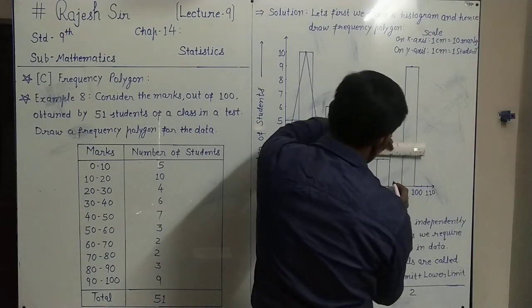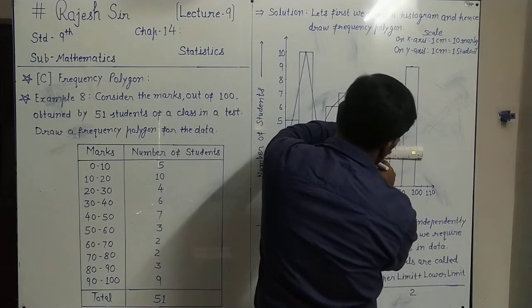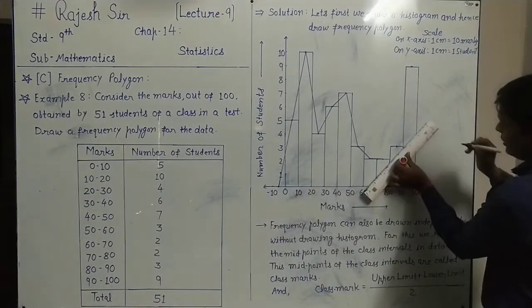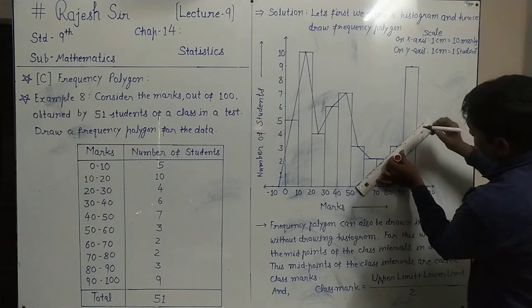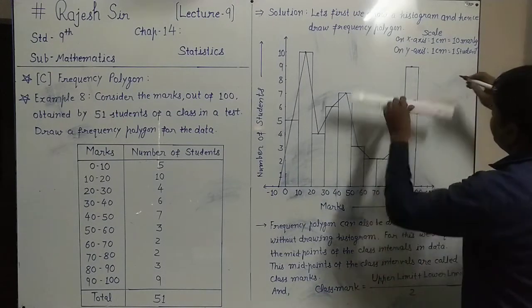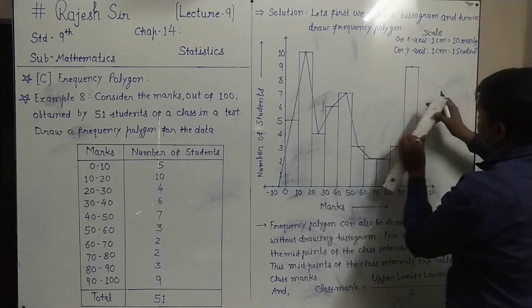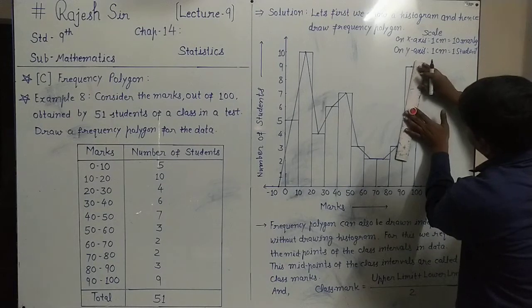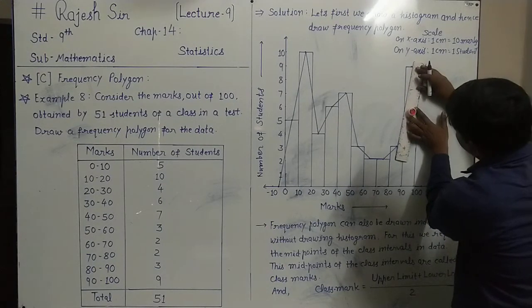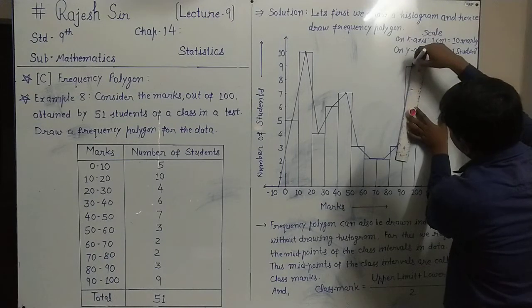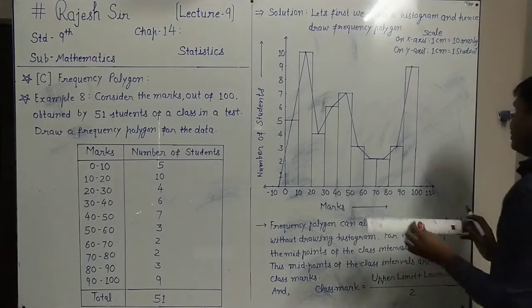Then 65 to 75, it is this horizontal line only. 75 to 85, join the points. 85 to 95 you have to join. And then 95 to 105 you have to join.